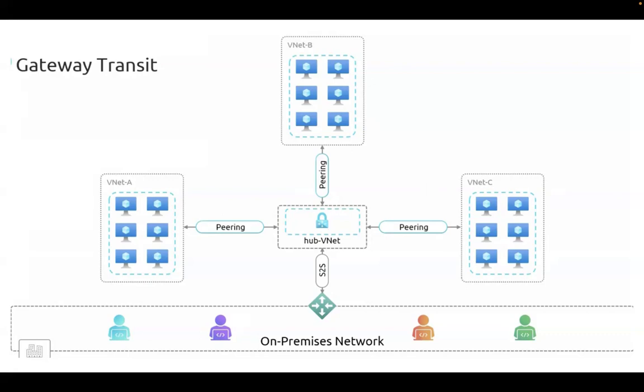It won't use the public network. So the traffic between VNet A and the hub VNet is much faster, and similarly for the other VNets.